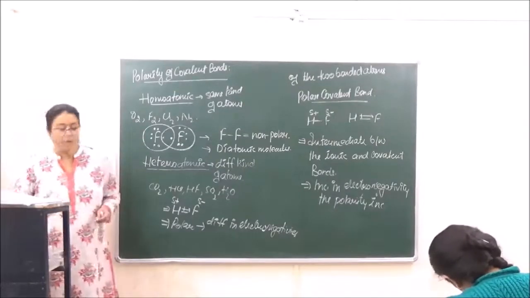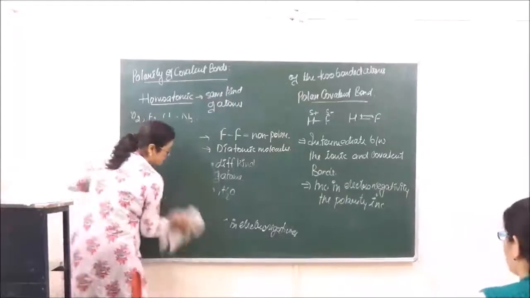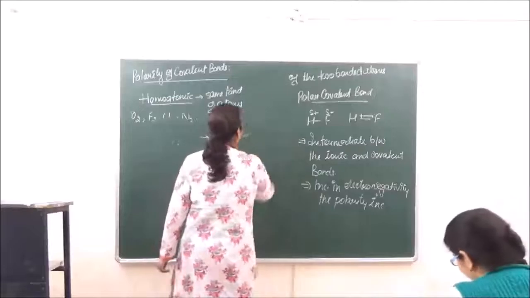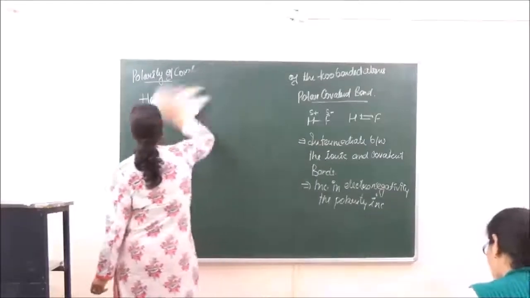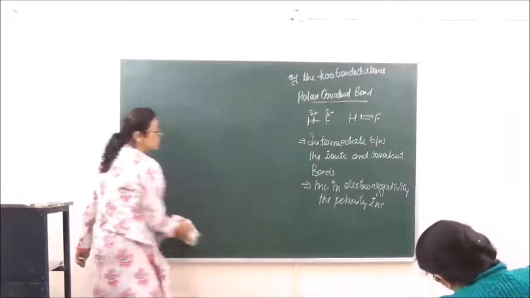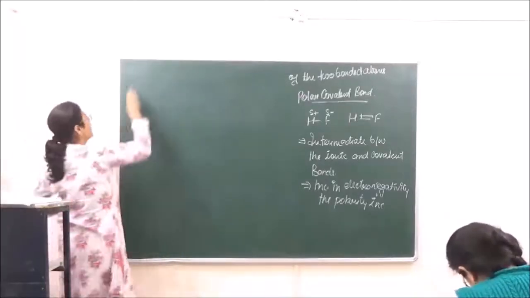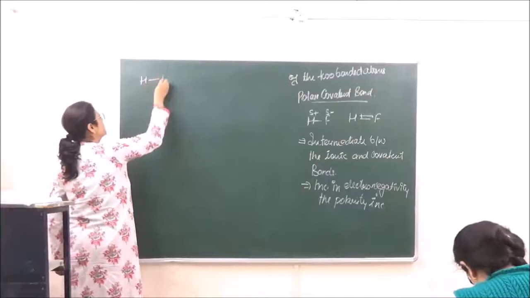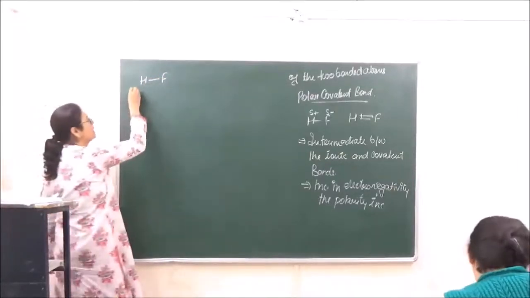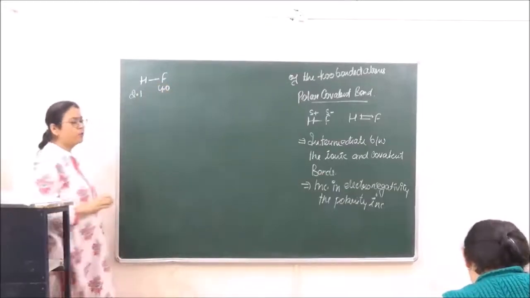So let's take an example of a few compounds. If you're talking of the molecule HF, the electronegativity of hydrogen is 2.1, whereas the electronegativity of fluorine is 4.0.